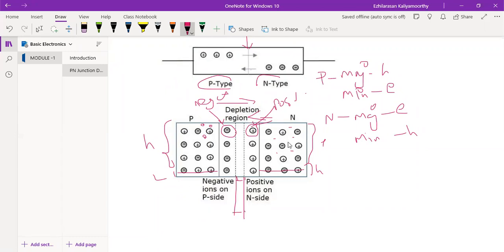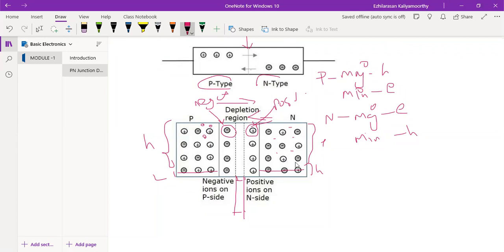Now, the formation of negative ions on the P side and positive ions on the N side will result in the formation of a narrow charged region on either side of the PN junction.